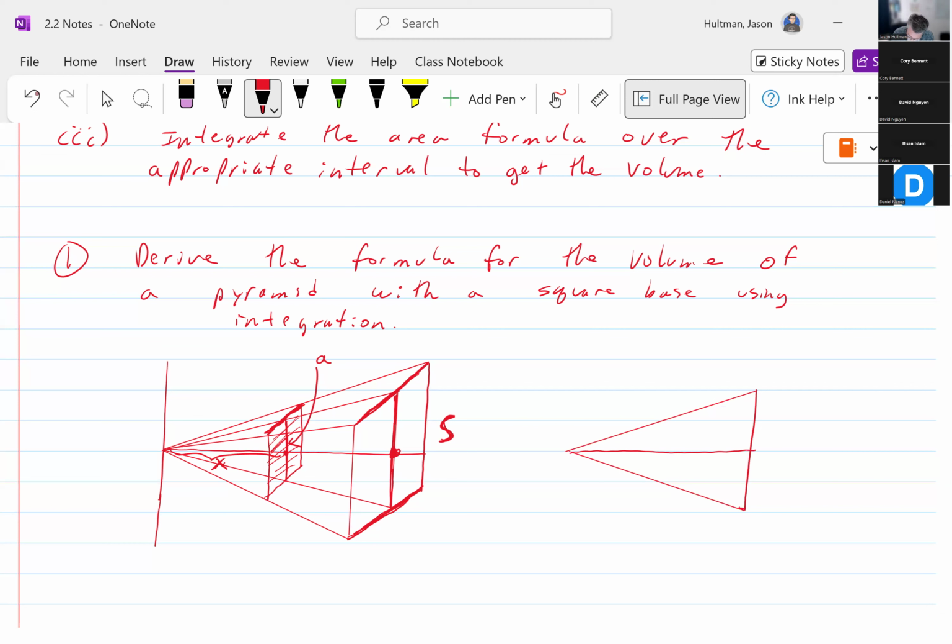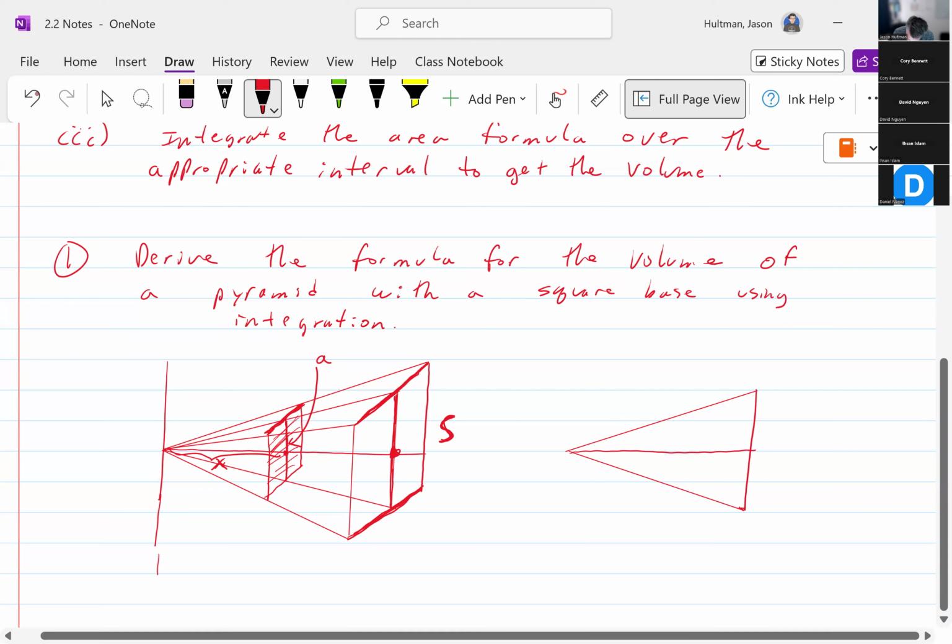We know that the height of the pyramid is known, and that's H. H is the height of the pyramid.